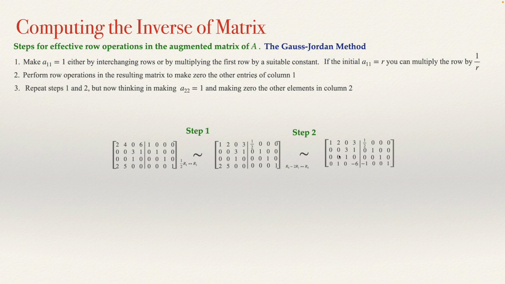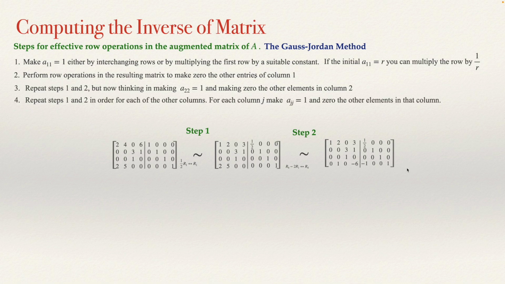In this case, what I need to do is just make a row interchange. After I made the row interchange, I put a number 1 here. And then do the same in the other columns. So step 4 is again repeating steps 1 and 2, in order, for each of the other columns.